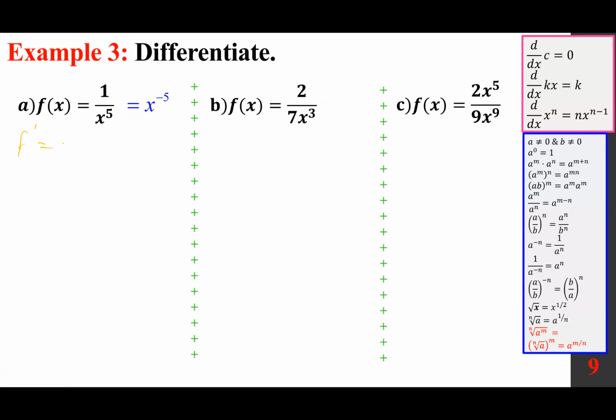Now we use the power rule. -5, x to the power of -5 subtract 1. And this is the only calculus step, everybody, which becomes -5, x to the power of -6. And we finalize it in this format.